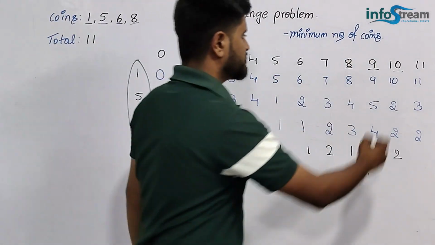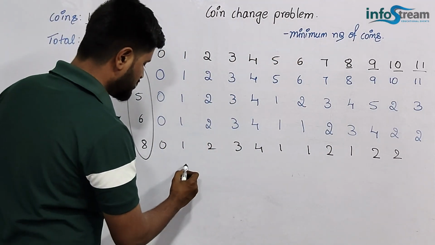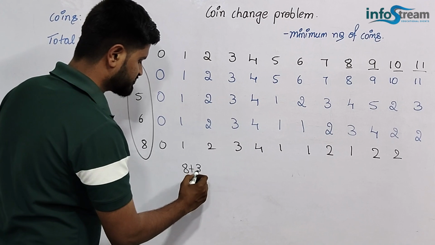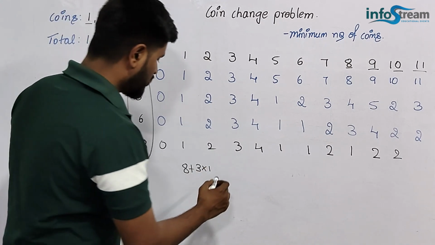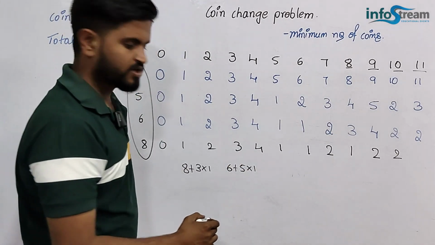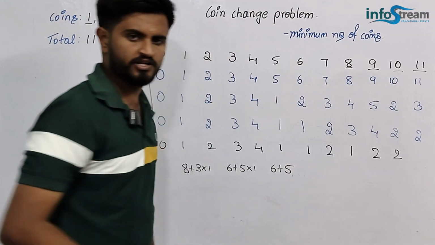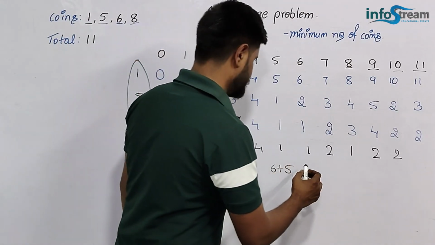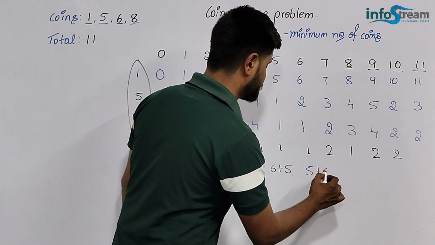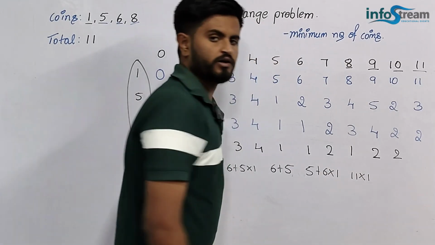The last one is 11. So I must give the 11 rupee change. What are the possible conditions? One 8 rupee coin with three 1 rupee coins, or one 6 rupee coin with five 1 rupee coins, or one 6 rupee coin and one 5 rupee coin, or one 5 rupee coin with six 1 rupee coins, and another is eleven 1 rupee coins.